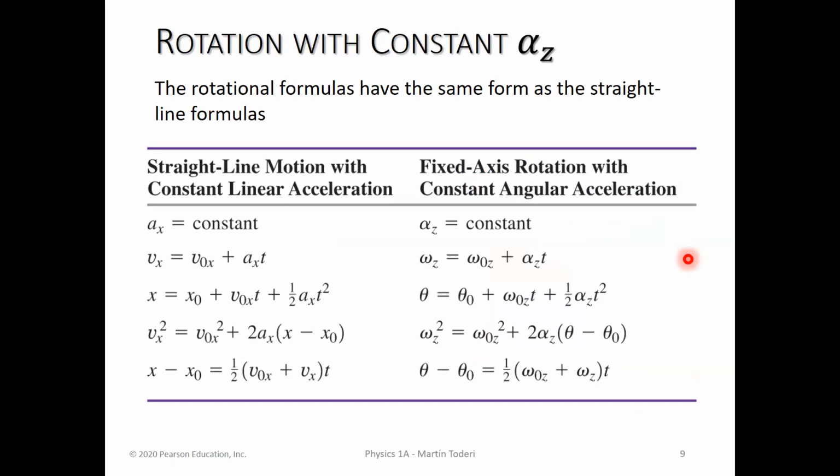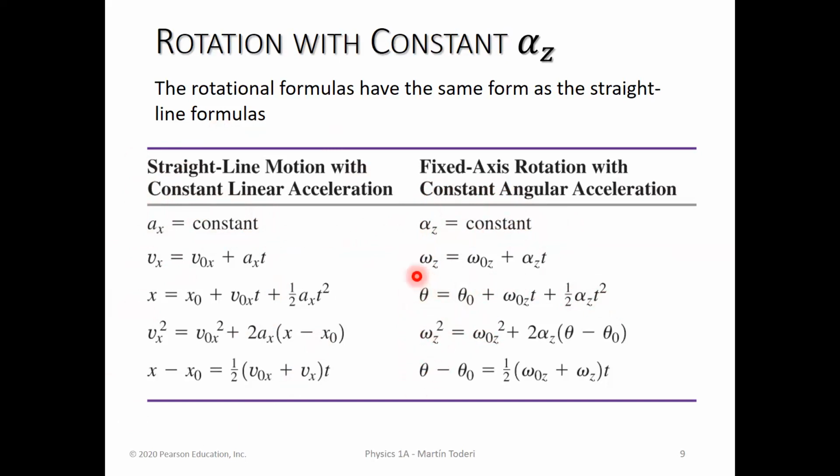So if we take a look at the equations that we had for straight line motions, you can see that those are virtually the same, but with different symbols that are just establishing that we're working with angles, right? So if we have constant acceleration in the linear motion, it's basically the same for the fixed axis rotation with constant acceleration, and we get the same expression.